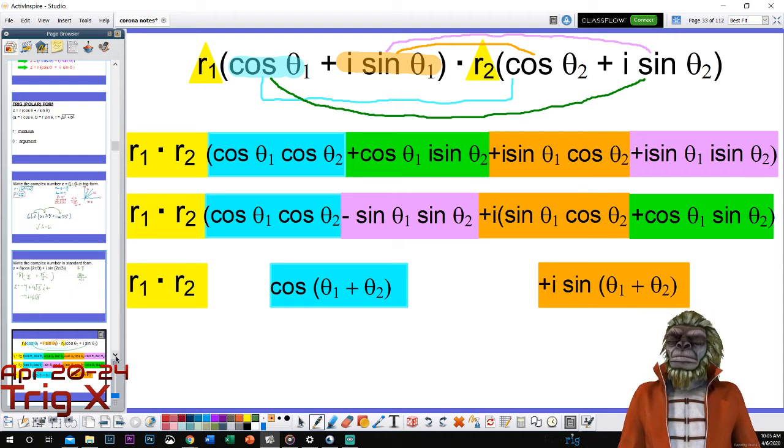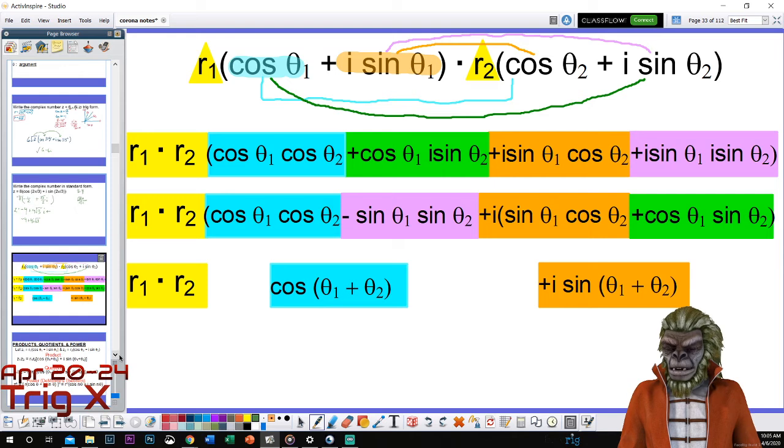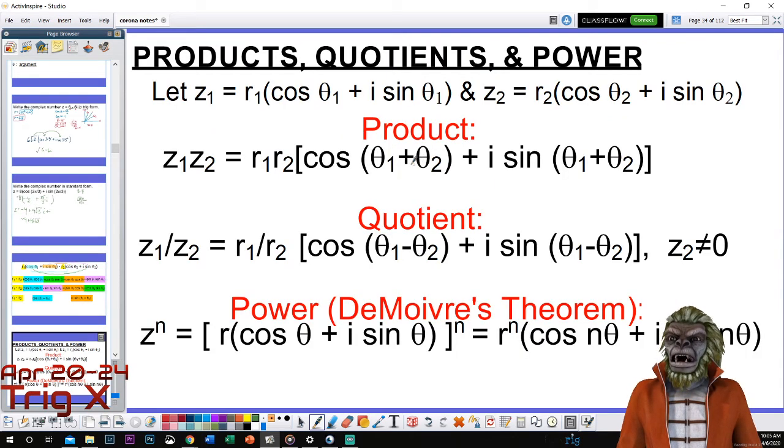This is just to show you a long proof of how we figured out these formulas right here. This was the product formula that I just showed. There's also a quotient formula with a very similar proof, and then a power formula, also known as de Moivre's theorem, for those of you who speak French. You can write it either like this first one or the second one. Me personally, I always use this one.